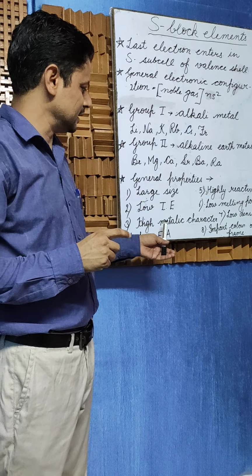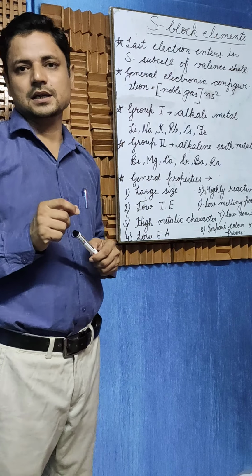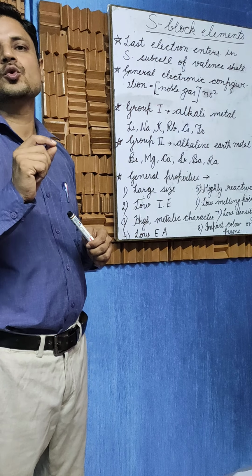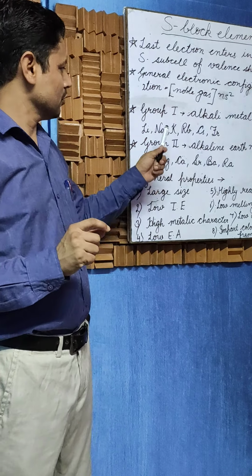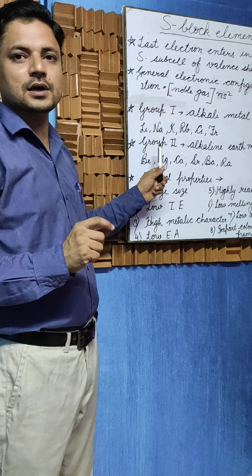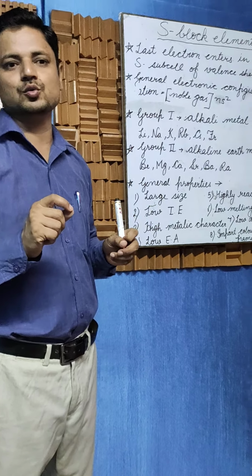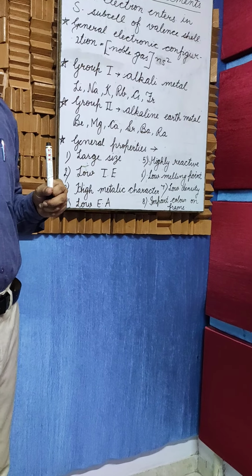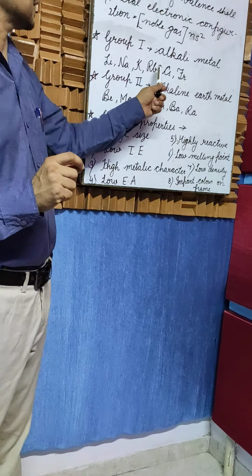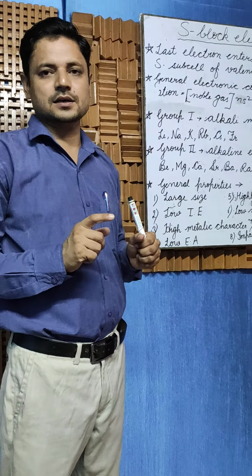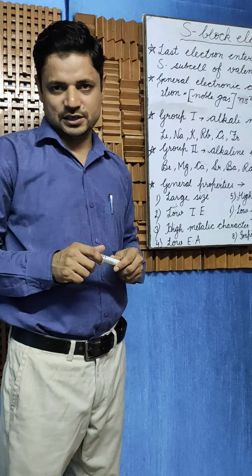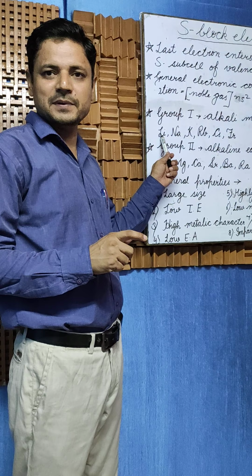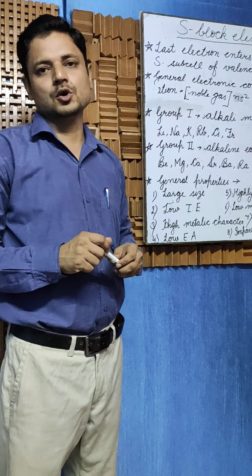Third is highly metallic character. Metal means natural tendency to donate electrons. All these S block elements have a natural tendency to donate electrons. So it is clear that these are metals, and this metallic character increases down the group. We can say that lithium is least metallic while francium is most metallic.